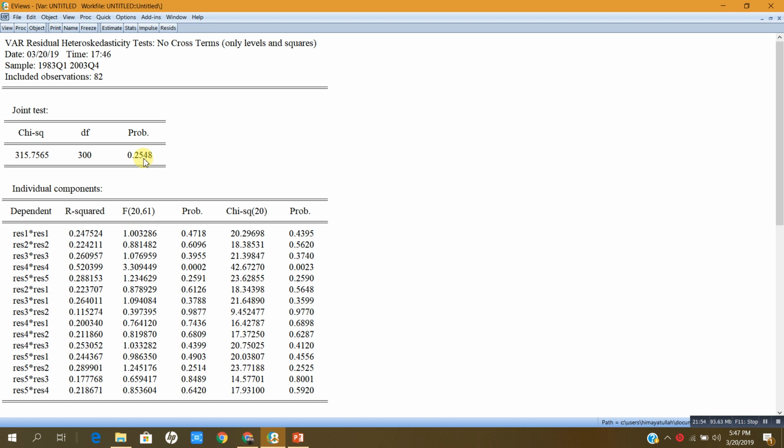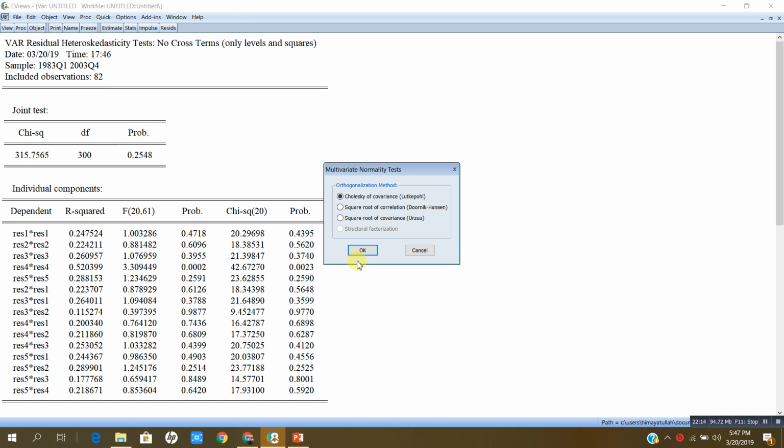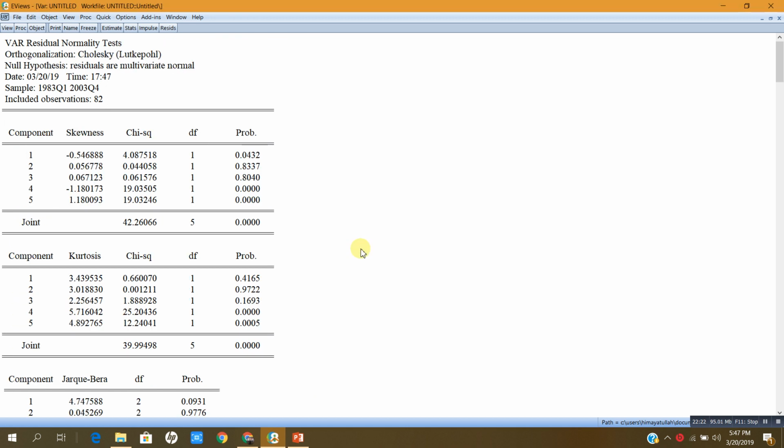I can also check for the normality of the residuals, and this is the normality test. So let me use this Cholesky of covariance, and if I press this, now these are various tests: on the basis of skewness, on the basis of kurtosis, and on the basis of the Jarque-Bera test.